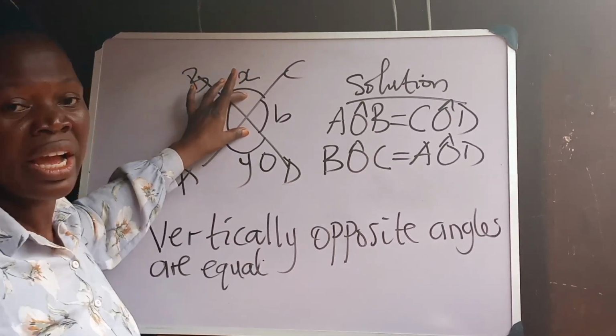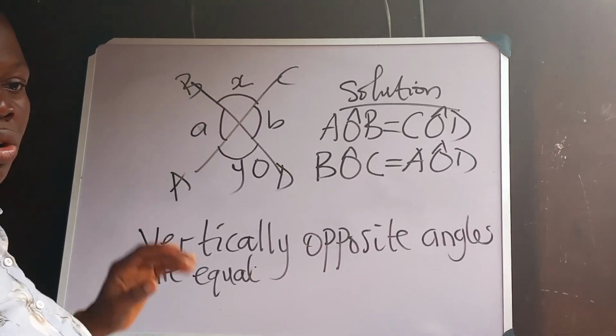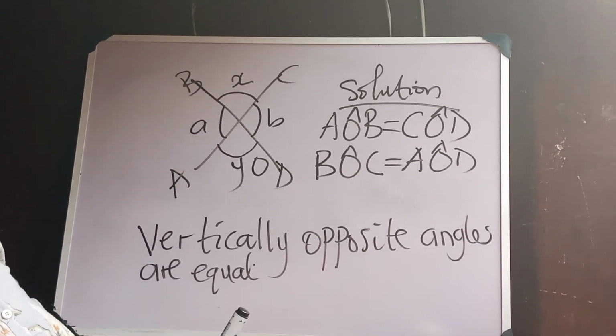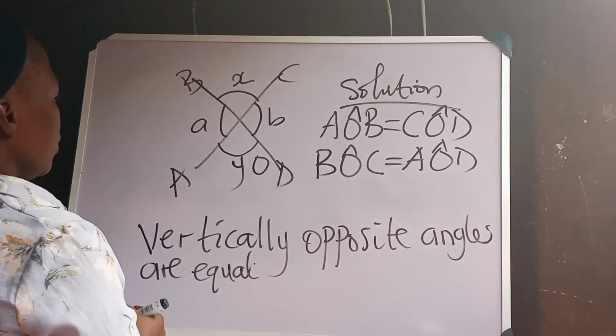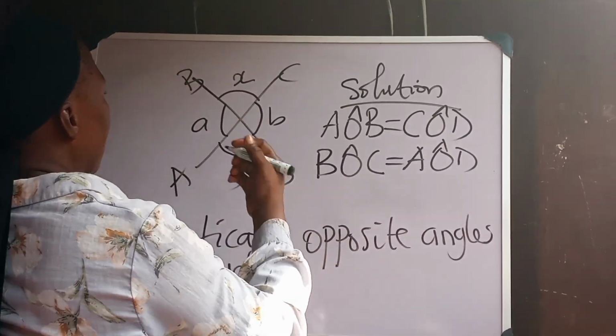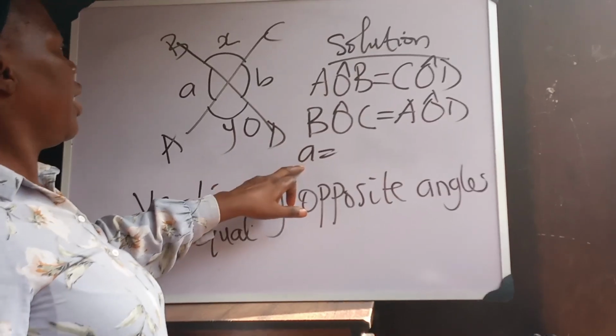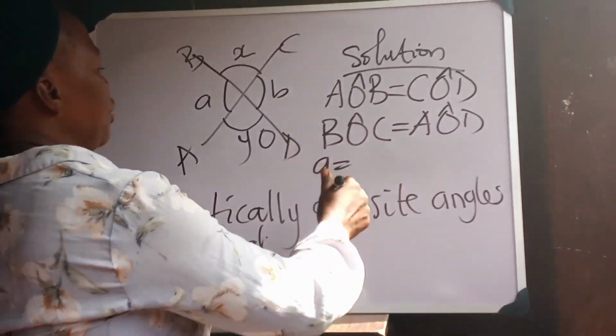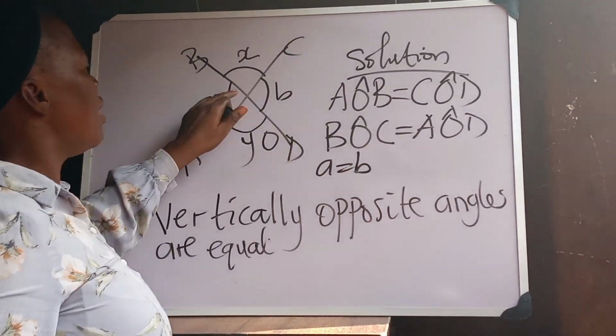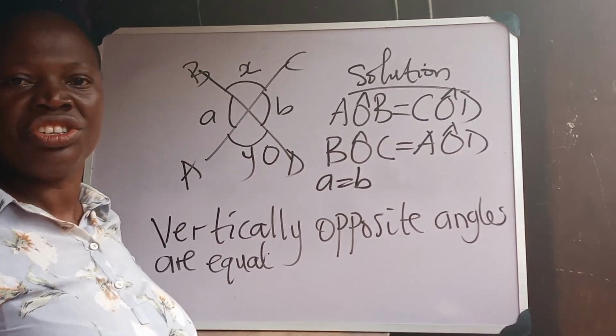These two angles are vertically opposite to each other, and therefore they are what? They are equal. That tells us that A equals B, because they are vertically opposite to each other.